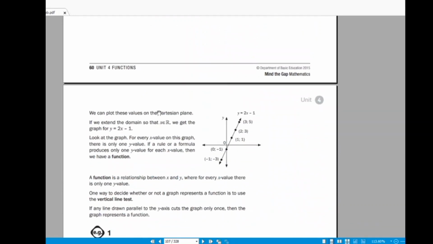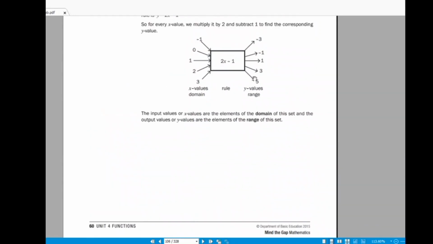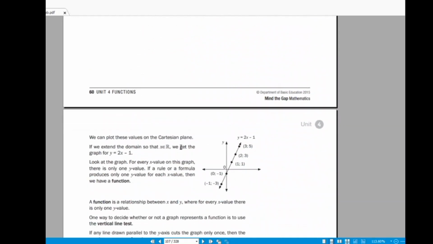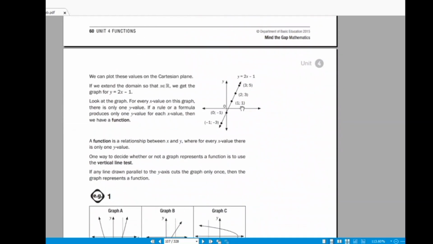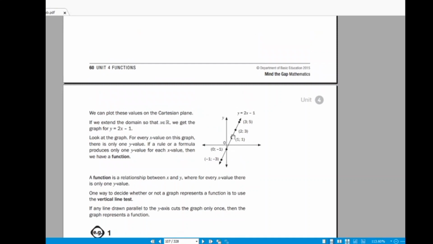So we can plot these points in a Cartesian plane to get the representation of a function in graphical form, right? So if we extend the domain so that x is an element of the real numbers, we'll have the entire x-axis, and then we can get the graph for y equals 2x minus 1.